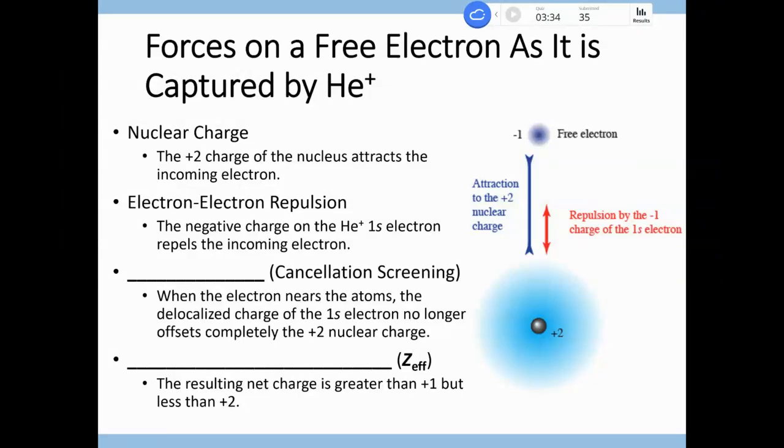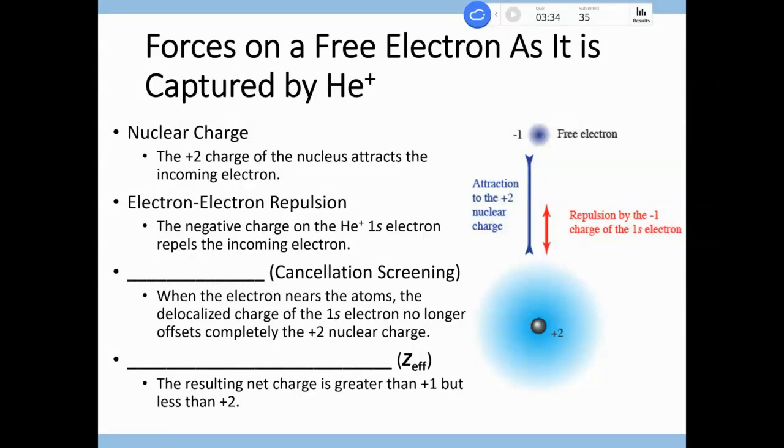So the nuclear charge is +2. We're saying we have a free electron up there, not bound to any other atom. That electron, with a negative charge, is attracted to the nucleus with a +2 charge. So if it gets close enough, it will orbit this +2 charge nucleus.